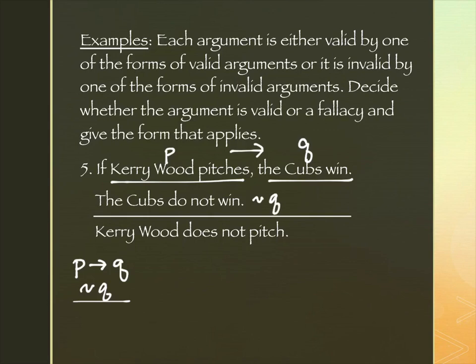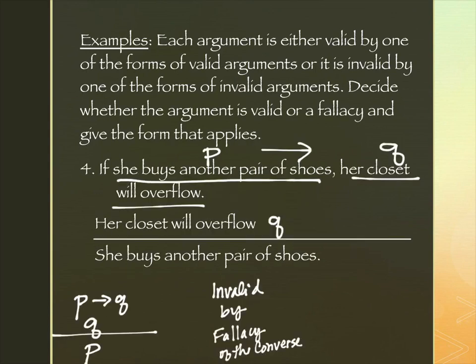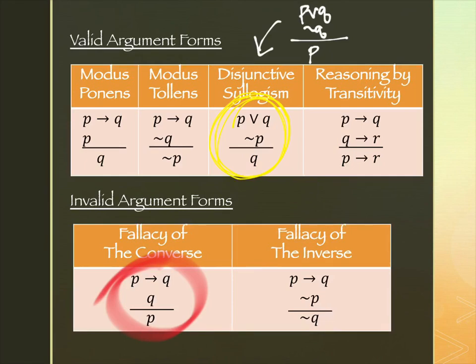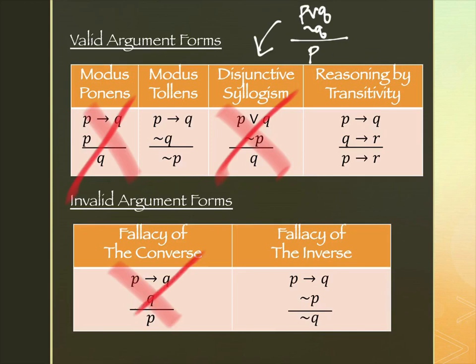And then my therefore statement says Kerry Wood does not pitch. Kerry Wood pitching is P, so Kerry Wood not pitching would be tilde P. So we need to look over here at the forms that have some negations in them. I want one that says P arrow Q. That eliminates this one, because it doesn't have P arrow Q. All the other ones start with P arrow Q. Then it has something about a negation, so it eliminates everything that doesn't have a negation.